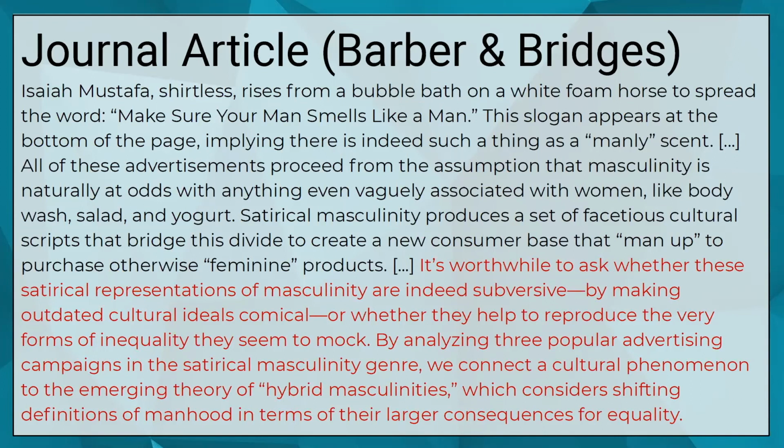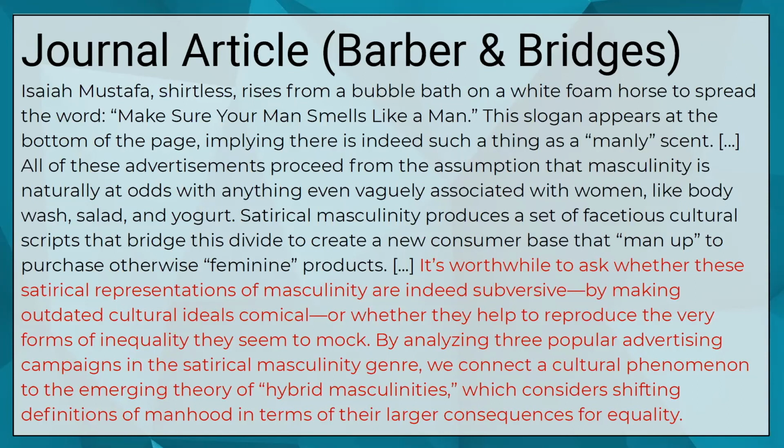But nonetheless, what you can identify here as well is that it starts very specifically with a specific kind of focus to draw the reader in, and then it moves quite smoothly from that initial observation to different kinds of theories. So this initial observation is analyzed as being an example of satirical masculinity, a masculinity that is satirized, that's made fun of.